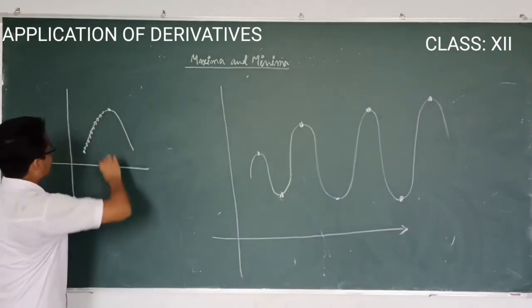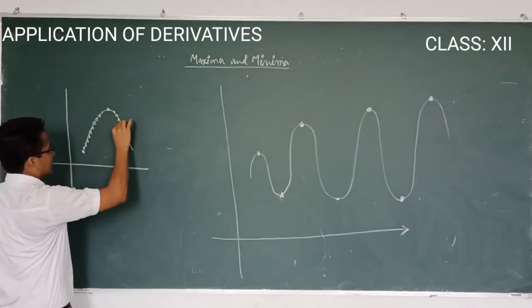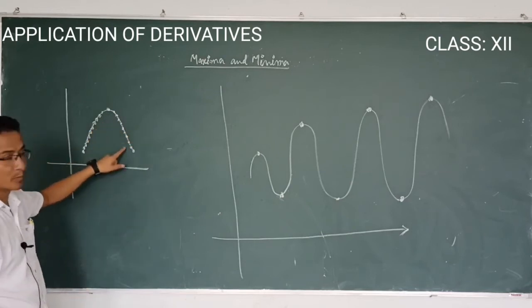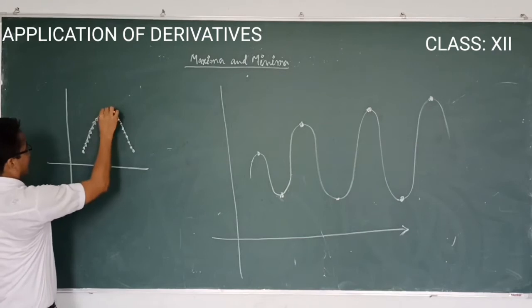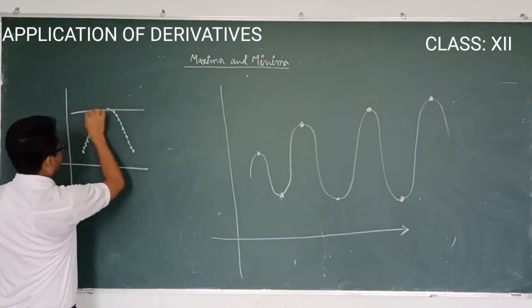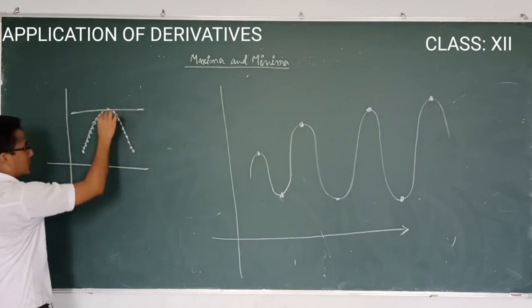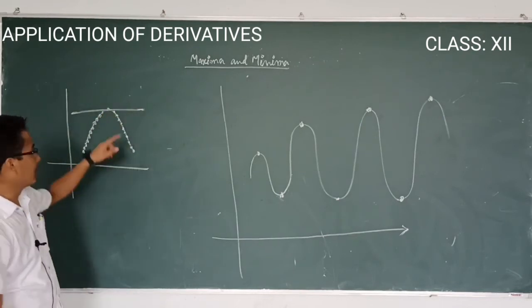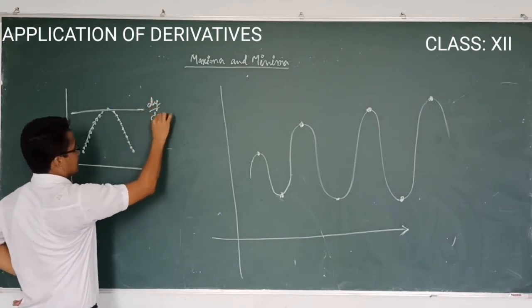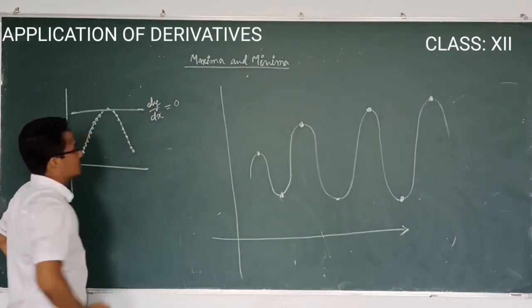After that, this point is the highest point, and that point is considered the maximum point. All other points are considered minimum points.